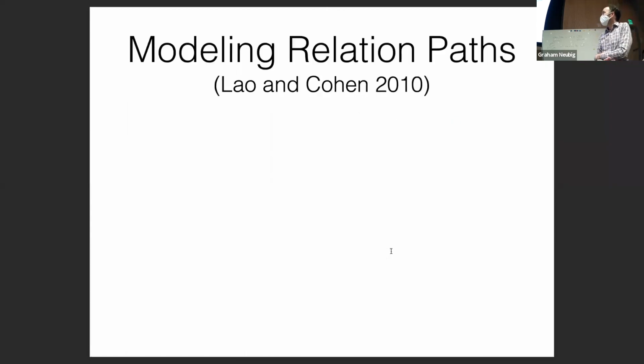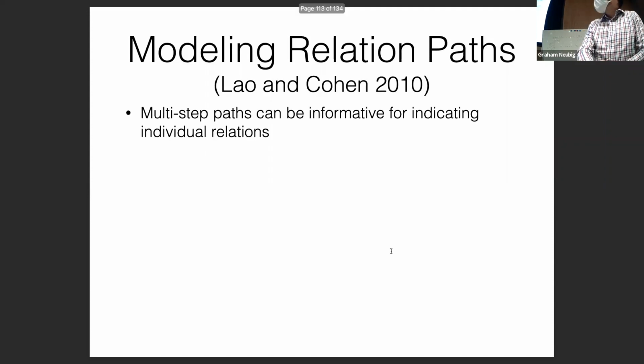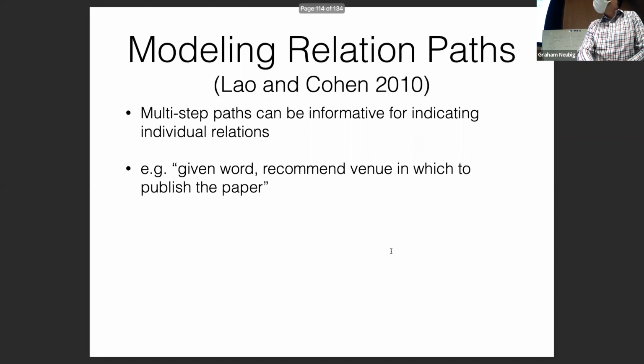Another thing that you can do is model relation paths, and multi-step paths can be informative for indicating individual relations. So this is a paper that is looking at a citation graph, which is like this paper cites this paper, appeared in this journal, or other things like this.